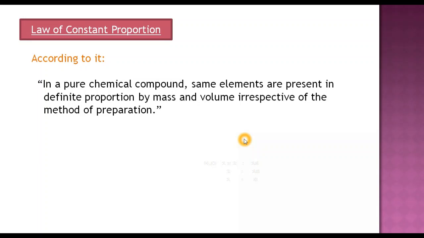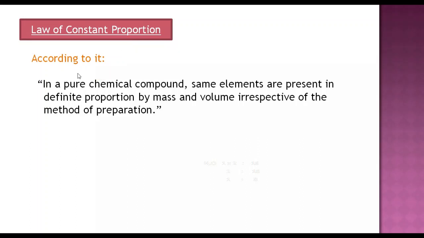It means the type of elements present in a compound and the percentage of elements present. He analyzed the composition of different compounds and came to the conclusion that the proportion of each element in a compound is fixed, is constant. Based on these observations, Proust formulated the law of constant proportion.